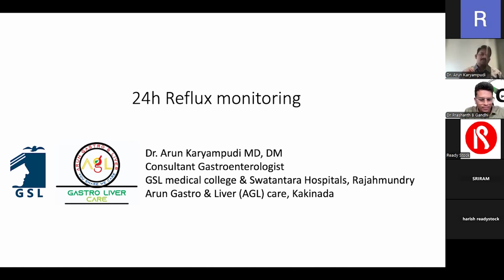So for the next half an hour, 40 minutes, I will be discussing a very important aspect of the GI motility workup, that is 24 hours reflux monitoring, or otherwise what we call 24 hours pH monitoring.